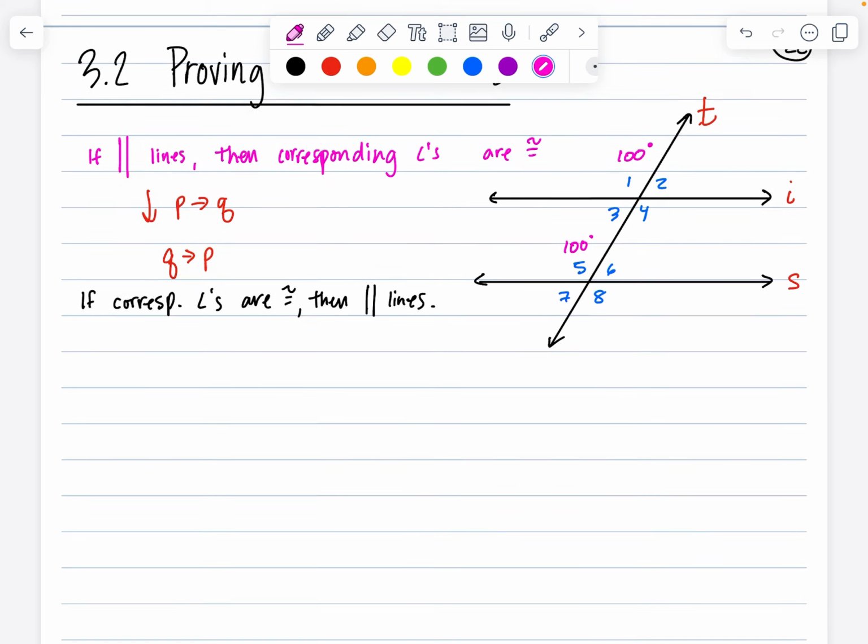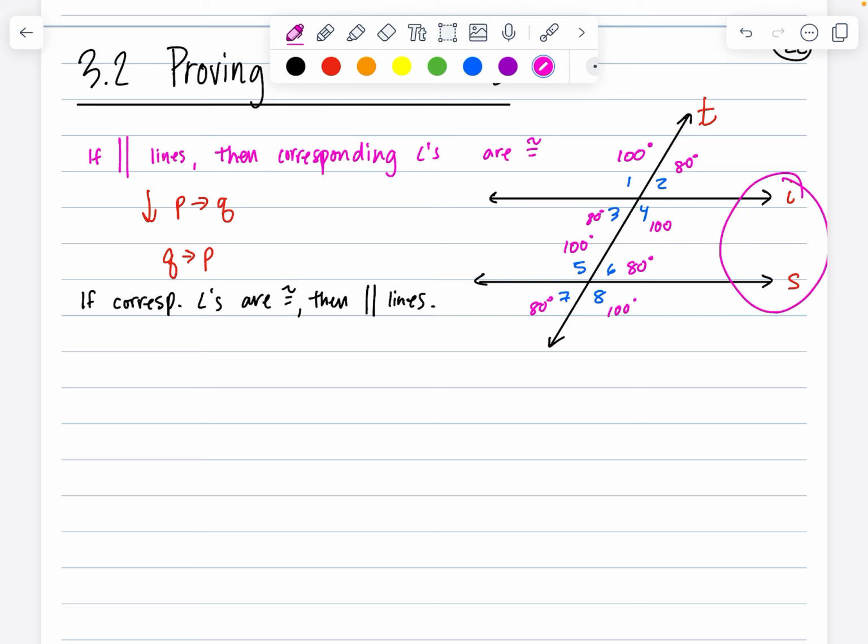And then it creates, once again, the domino effect on the intersection angles: 2 would be 80, 4 would be 100, 3 would be 80, 6 would be 80, 8 would be 100, and then 7 would be 80. So we get this domino effect on the intersections, and when this occurs, that proves that these lines are parallel.